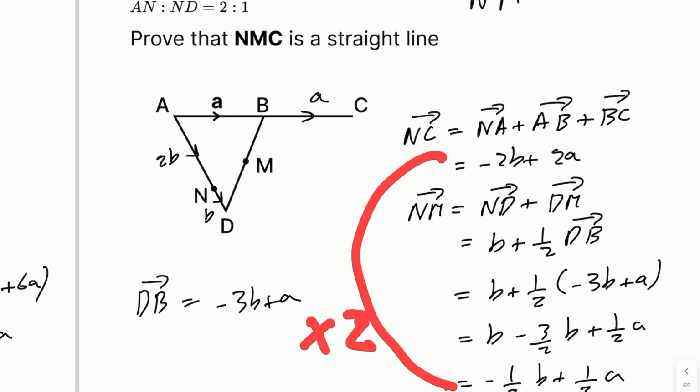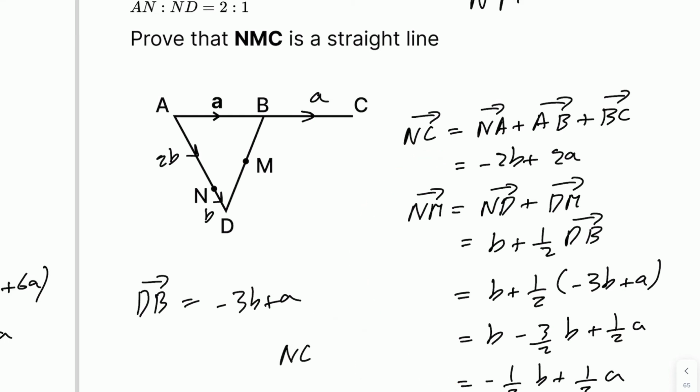In fact, not 2, by 4. Yep. So NC is 4 times NM.